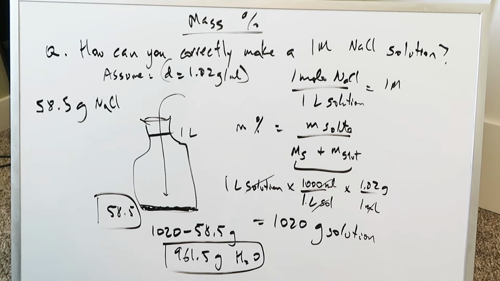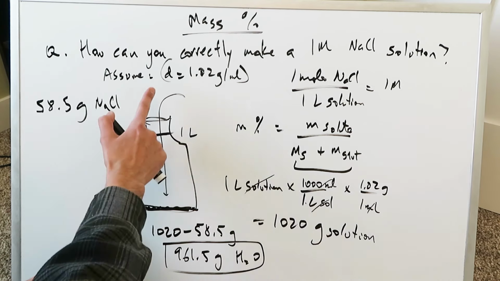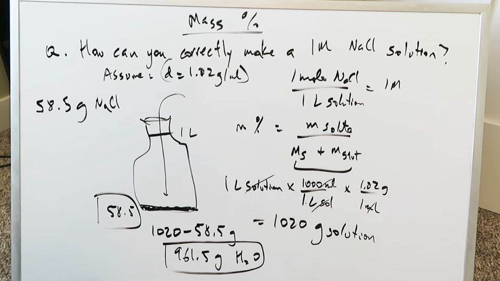If you put in 58.5 grams of salt but a full liter equivalent of water, which with a density of 1 for water is 1000 grams or 1 kilogram, you'll go above the mark and your solution will be diluted. It won't be 1 molar, it'll be less than 1 molar.